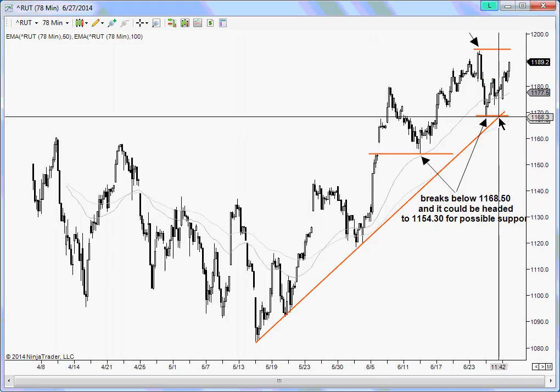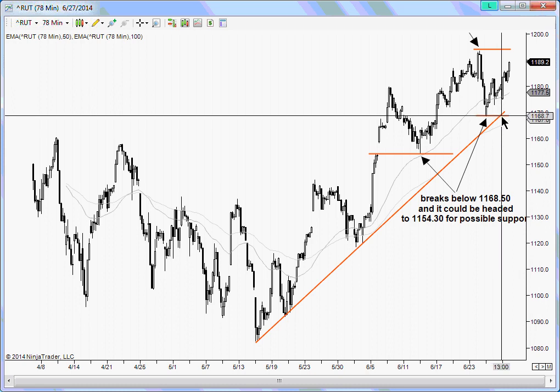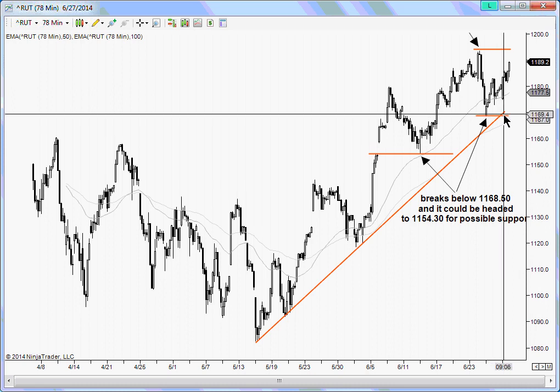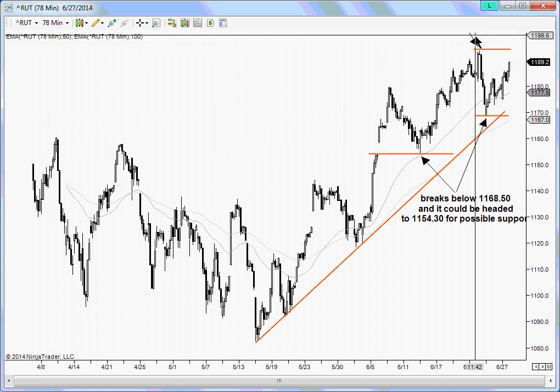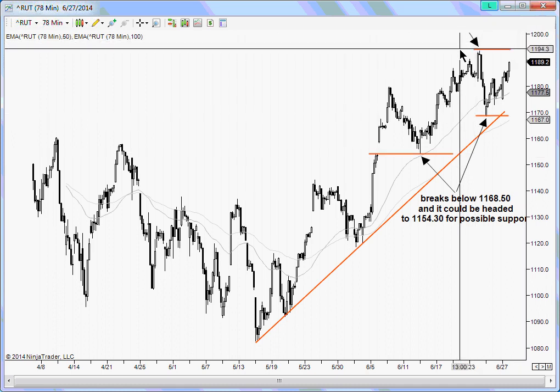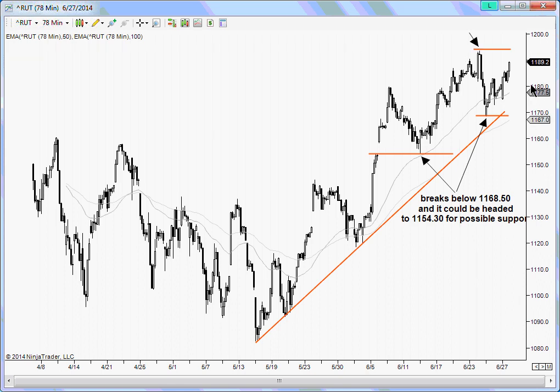If it pulls back somewhere around this 1168, 1169 level, and worst case it comes back down to this 1154 somewhere, we're looking for it to come back up when we test this 1194. Once it gets up to that 1200, be prepared to watch the Russell go and try to take out its previous all-time high, because that's going to be in play.